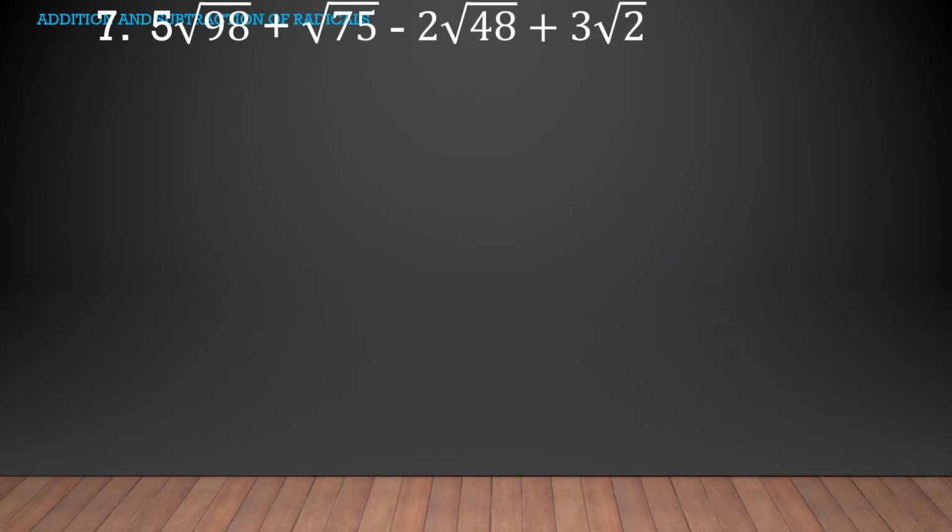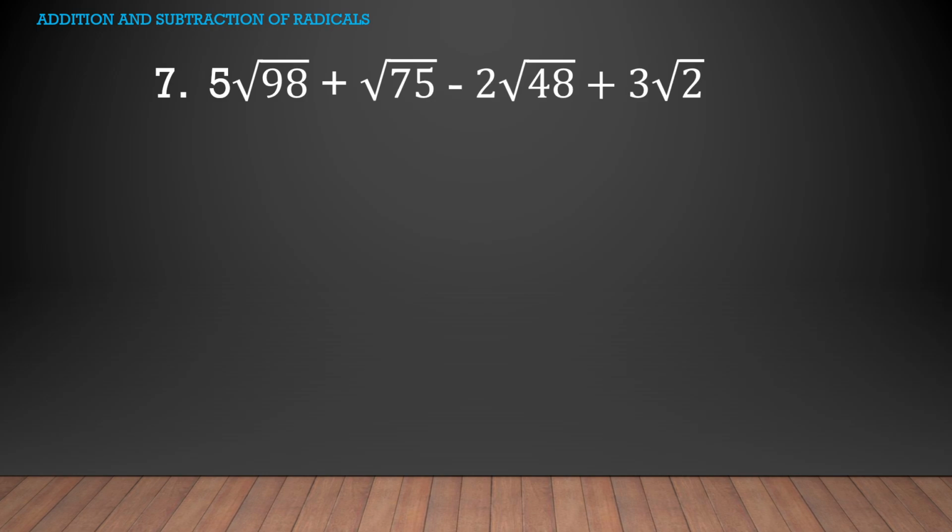Okay, let's go to another example. So number 7. Our given is 5 square root of 98 plus square root of 75 minus 2 square root of 48 plus 3 square root of 2. First, we need to get the factors of 98.